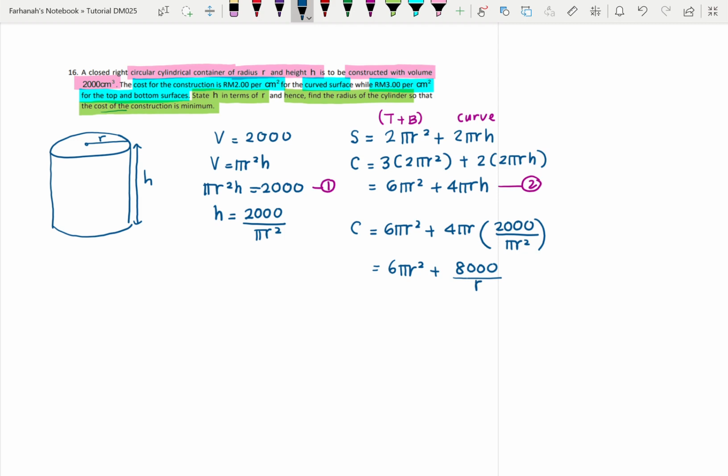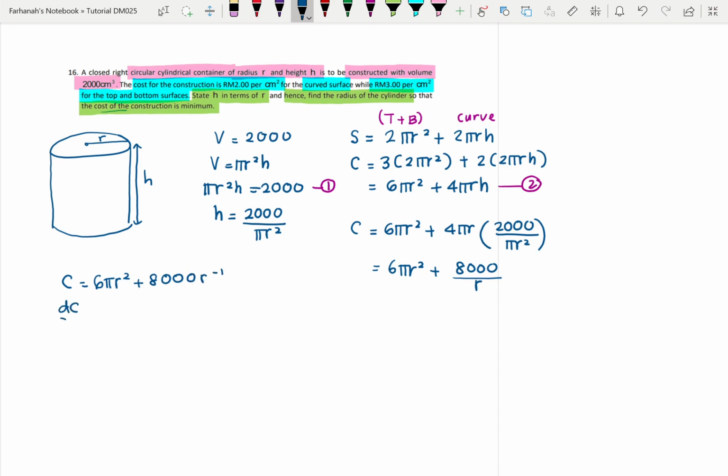Now we can start with the differentiation. Saya akan buat dC over dr lah. So C kat sini I will rewrite for you: 6 pi r square plus 8,000 r to the power of negative 1.